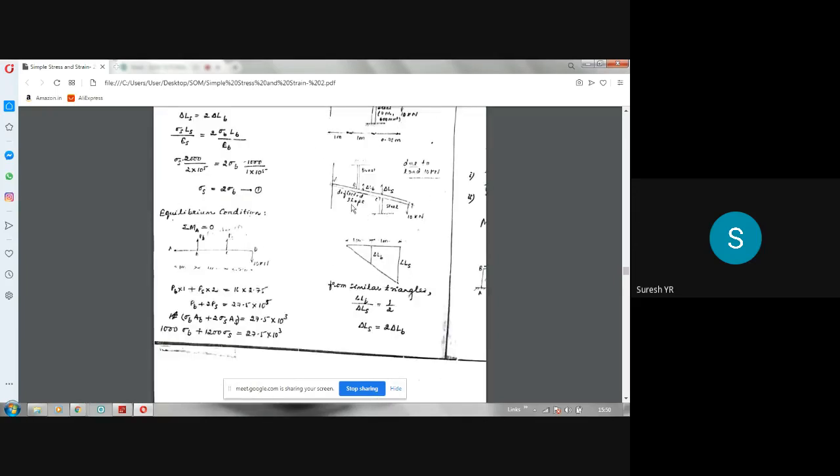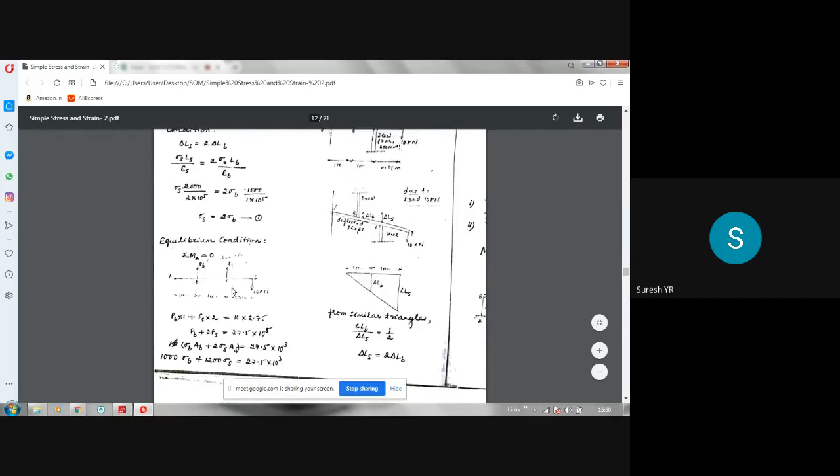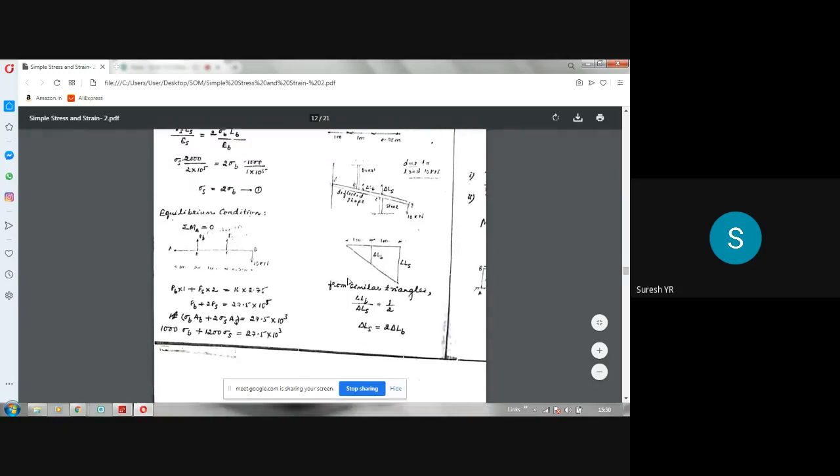Now, if you find the moments due to all the forces here, see how I have written. One diagram I have drawn here, A, B, C, D. PB and PS I have taken like this. Please note that PB is the force in brass, PS is the force in steel, and they are acting at distances of 1 meter and 1 meter.